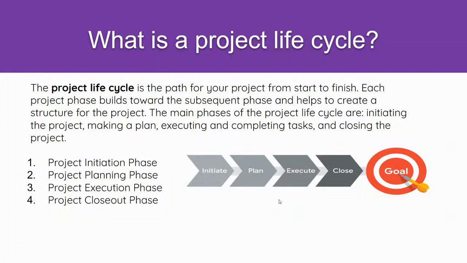As you can see on the screen, from initiation to planning, from planning to execution, from execution to closeout, which will lead us to our ultimate goal on a project. So our project must go through these four unique stages, or four unique phases, to ensure that we are able to achieve our project goal.